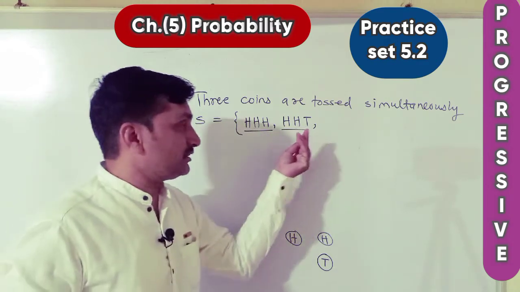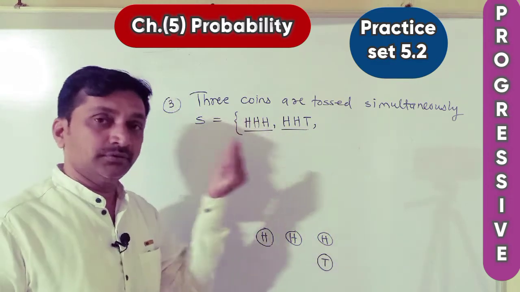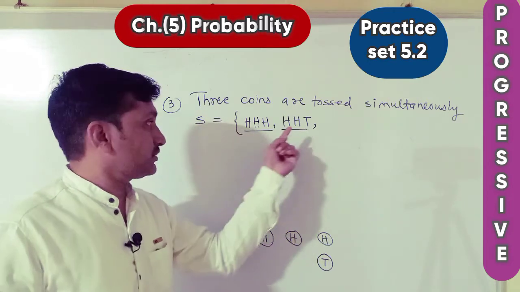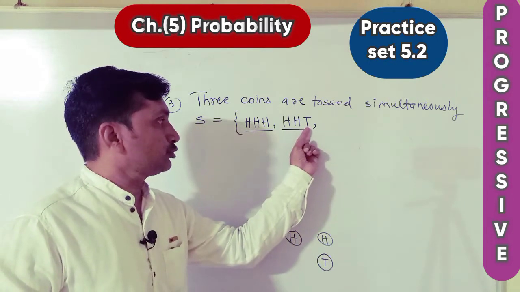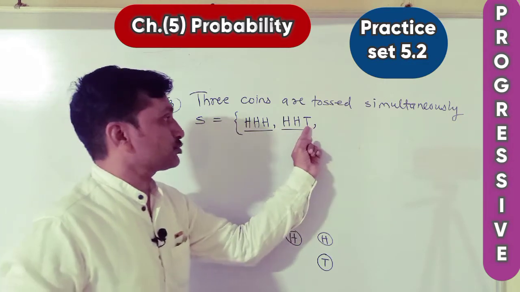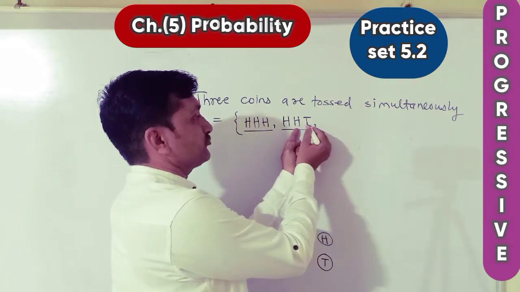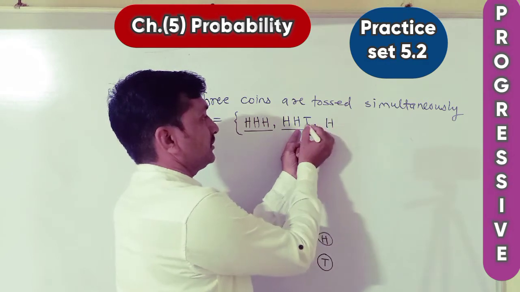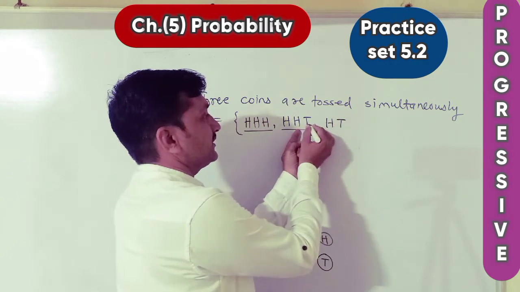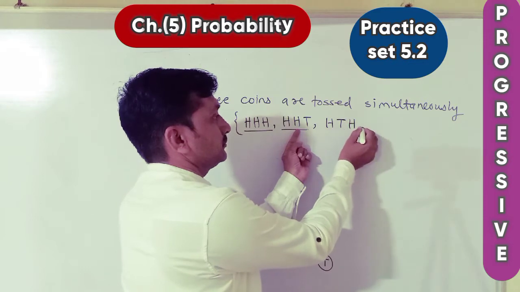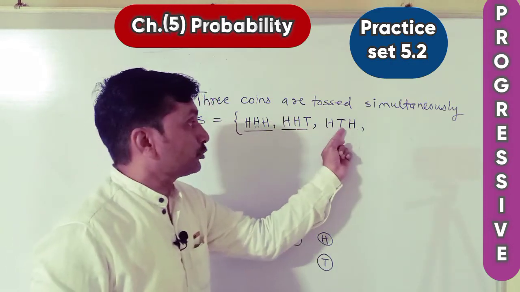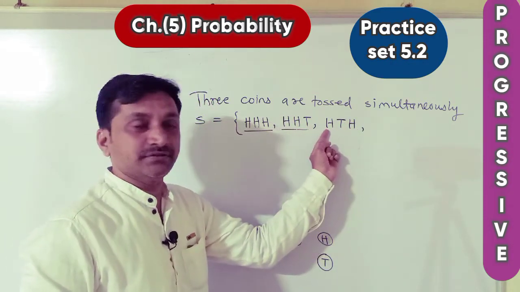After that, this T you bring back one by one, step by step. First you bring this T here; if you bring T here, H will go here. H, T will come in the middle, and this H will go at last, HTH. Now bring this T to the first place.